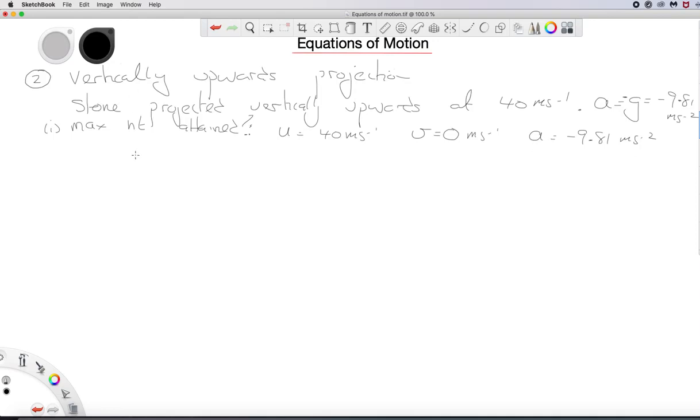How about v squared equals u squared plus 2as? We've got 0 equals u squared. Well, there's 40 squared, 1600, minus 2 by 9.81 by s, which gives us s to be minus 1600 over minus twice 9.81.